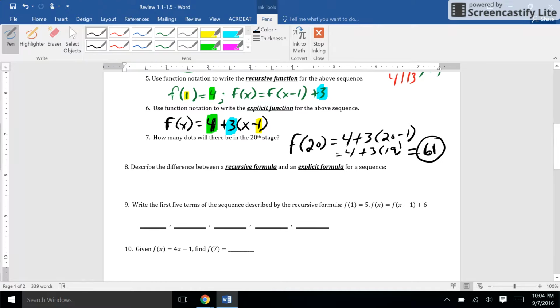Describe the difference between recursive and explicit. So I would say recursive uses the previous term.